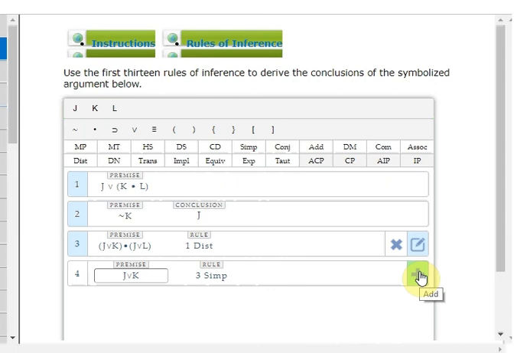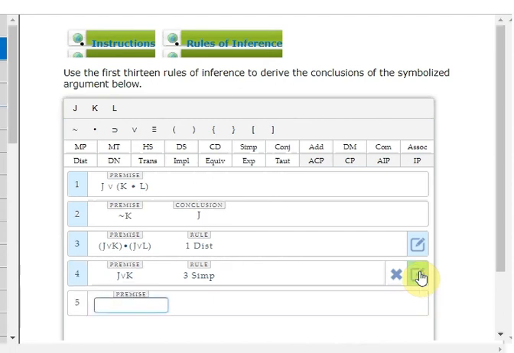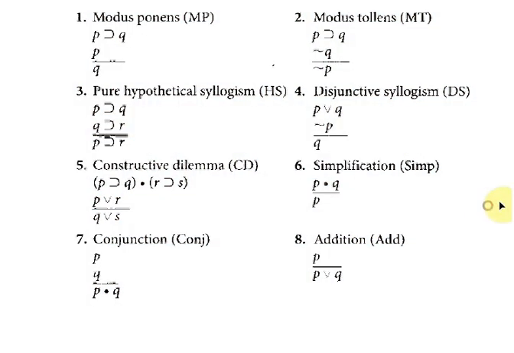And by the way, feel free to do whatever you can. Whatever you see that is possible to do, go ahead and do it. Okay, so that does allow us to get that J or K out of there. Now notice that we have the not K and we have the J or K. So this looks like potentially the disjunctive syllogism, right?